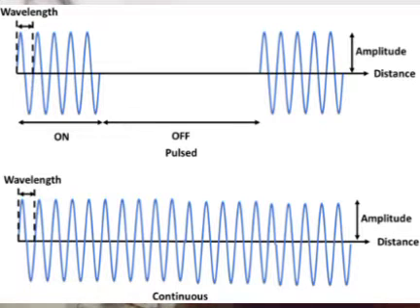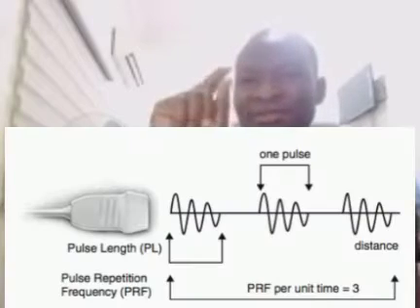So with pulse wave ultrasound, an ultrasound pulse is not continuously generated like in the continuous wave. Instead, the transducer operates in a pulse mode and uses the same crystal to transmit ultrasound waves and to receive echoes. So a pulse transducer transmits ultrasound in a series of short pulses.